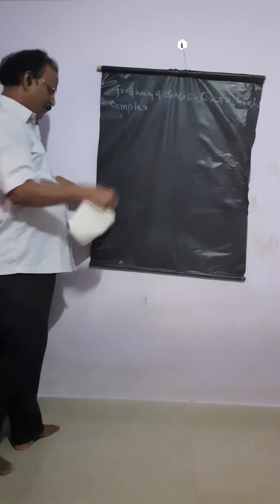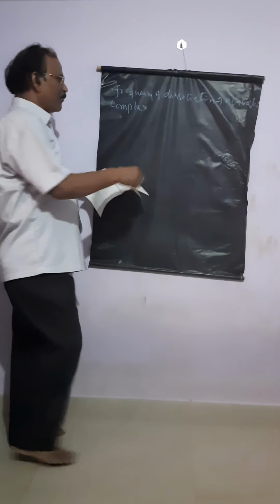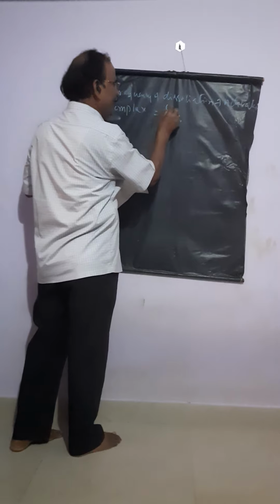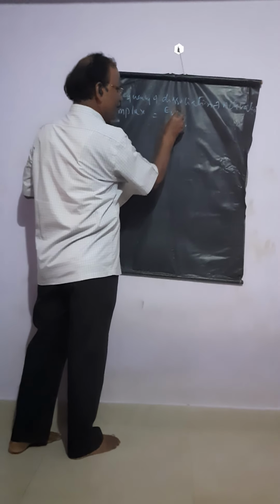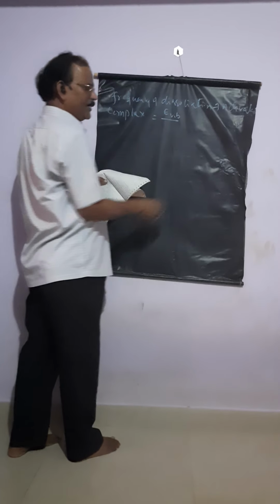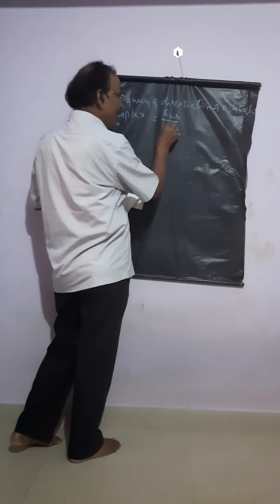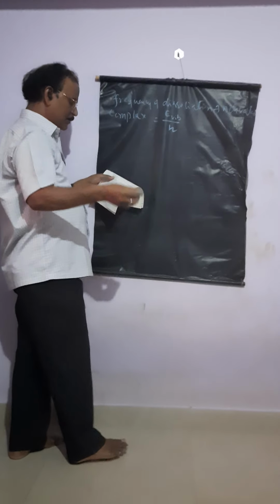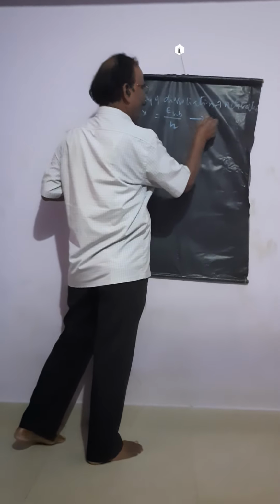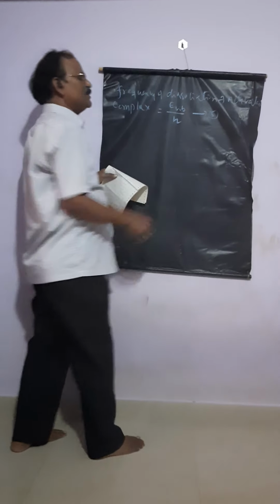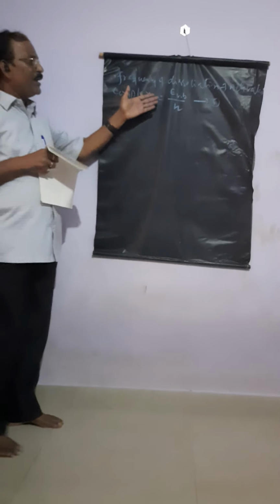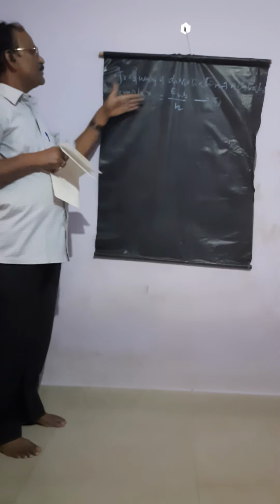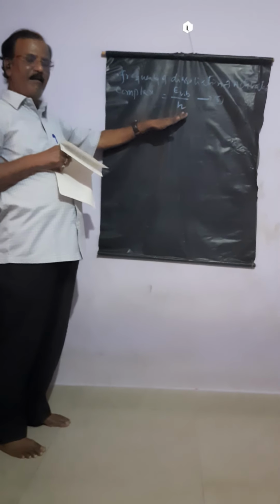The frequency of dissociation of activated complex is given by E vibration divided by h. So this is equation number 5, where E vibration is the vibrational energy of the activated complex and h is the Planck's constant.